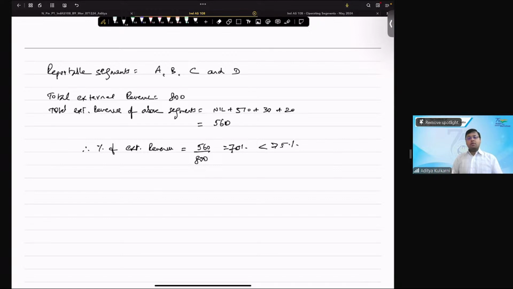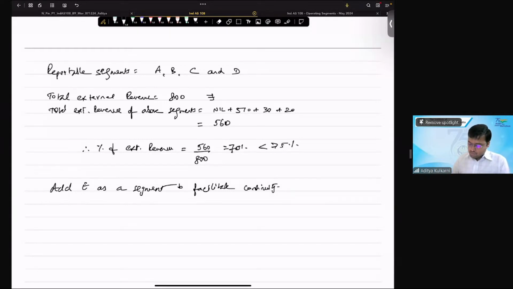Yes, sir, if management considers it necessary. If you disclose E, continuity will be facilitated, right? Yes, sir. Add E as a segment to facilitate continuity.